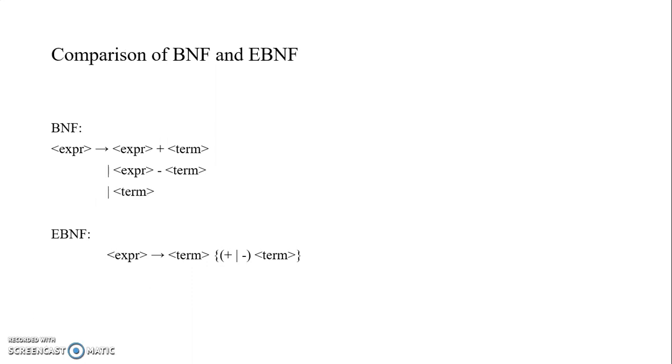Now here I have provided one comparison between BNF and EBNF. In BNF I have taken one EXPR, or expression, which symbolizes one kind of non-terminal. First, get the concept of what is terminal and non-terminal. Terminal means we don't have the opportunity to partition further.